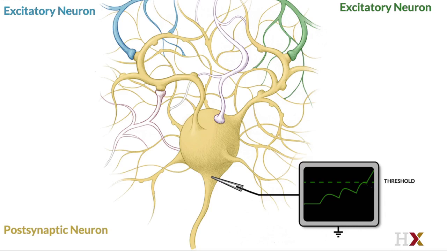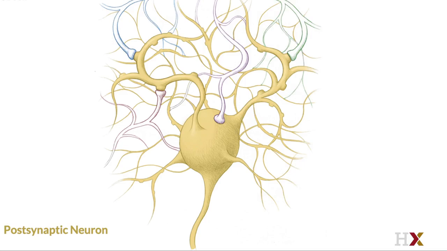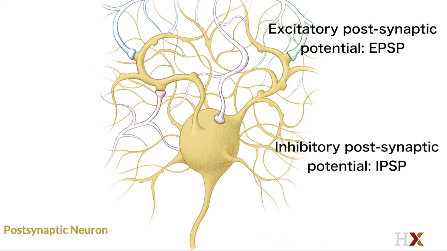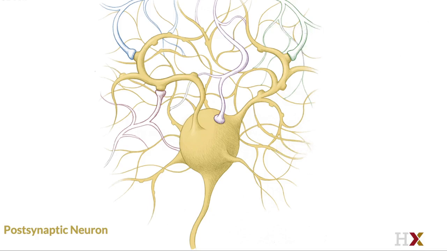To complement the excitatory postsynaptic potential, or EPSP, we also have the inhibitory postsynaptic potential, or IPSP. As you might have guessed from the name, IPSPs reduce the likelihood of the postsynaptic neuron firing an action potential. Let's consider the red-colored neuron, which we'll designate as an inhibitory neuron.